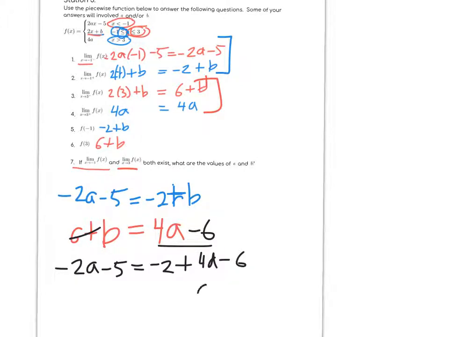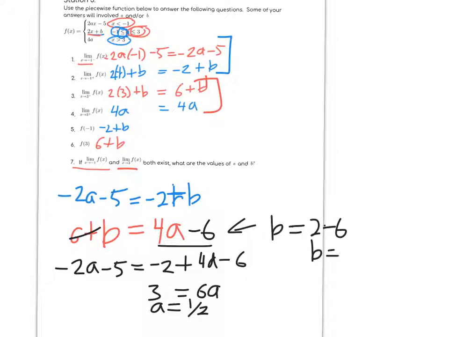I'm going to bring this to this side, so we get 6a, -5 plus 6 is 1, plus 2 is 3, a is equal to 1/2. Okay, I'm going to use this equation because that looks nicer, and if a is equal to 1/2, that means 4a is equal to 2, so if b is 2 minus 6, b is equal to -4 to make this true.